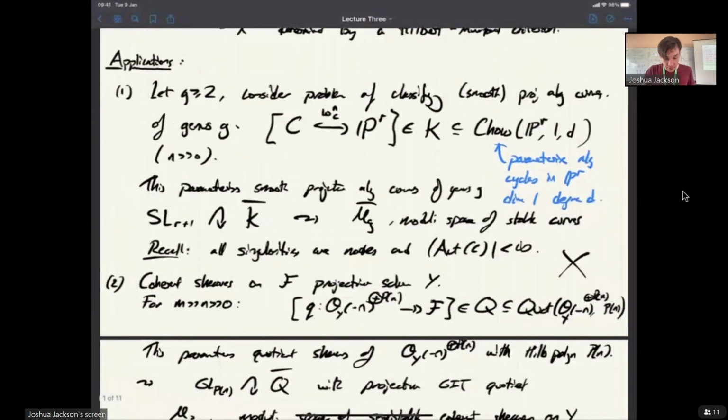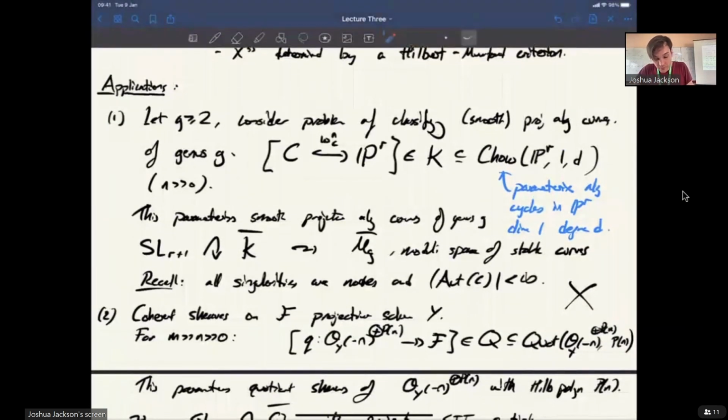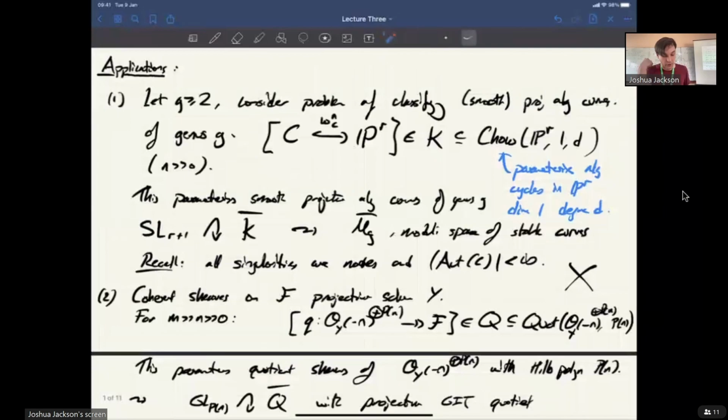Here we are. What I said at the beginning is that the moduli space that you get from GIT is the moduli space of stable curves. And the stable curves, this is a condition on the singularities, more or less. So you need the automorphism group to be finite. You want the singularities to not be too bad.